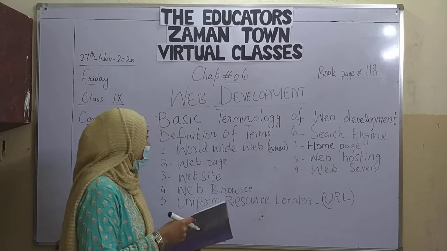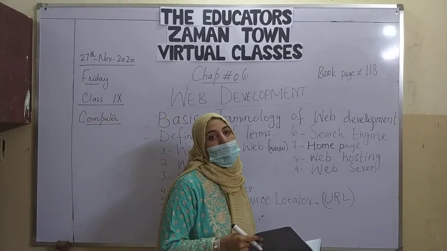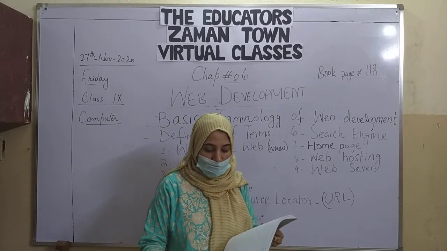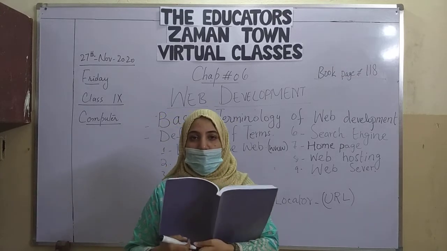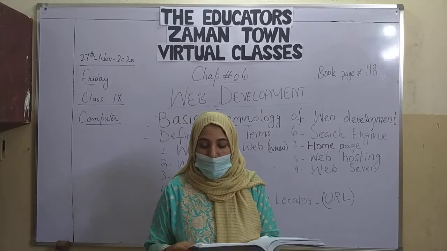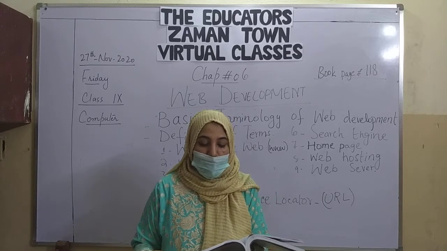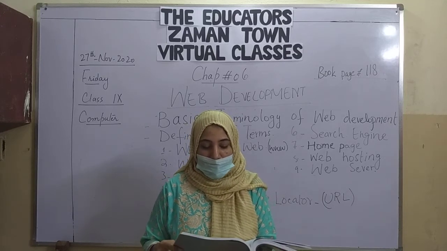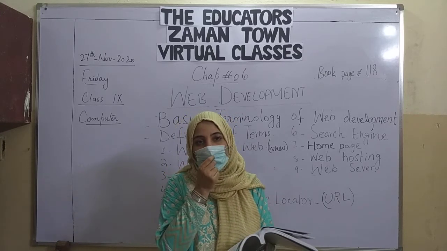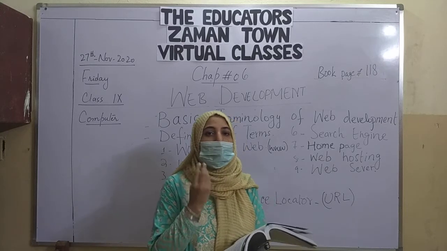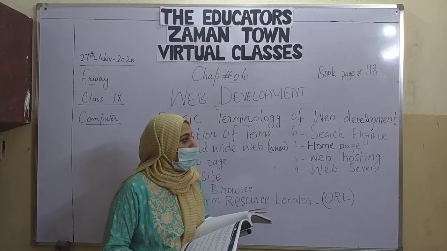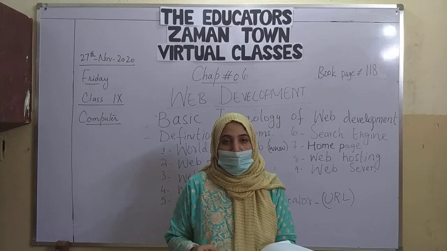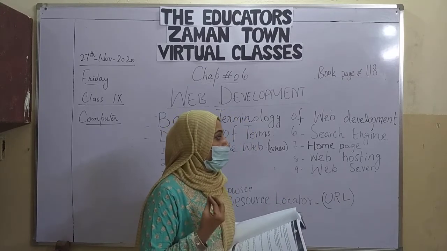Now, the sixth one is the search engine. The search engine is software which enables the user to locate information. The most popular search engine is Google. Google is the search engine for the internet. It is the main engine.